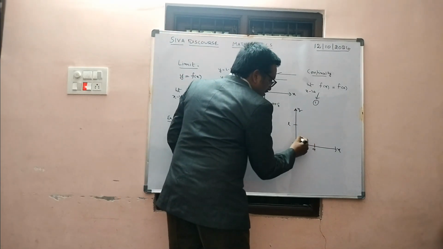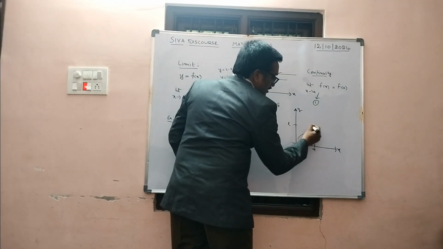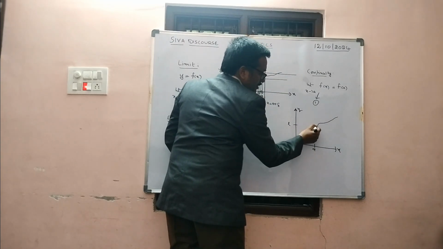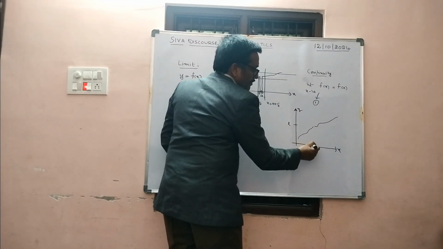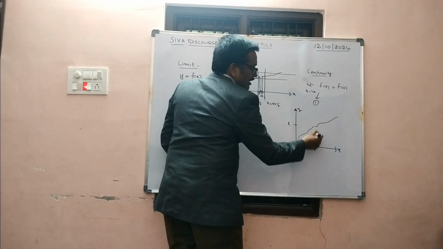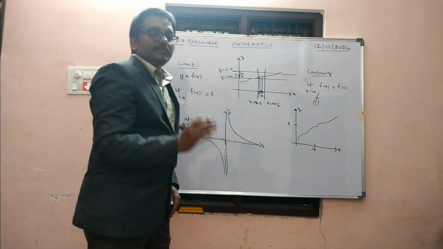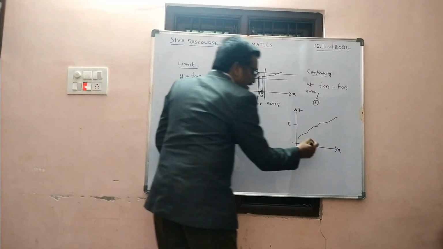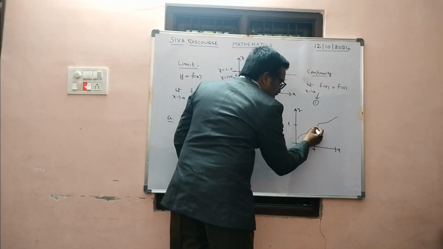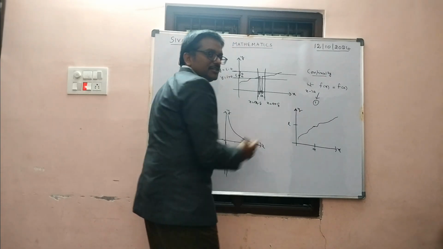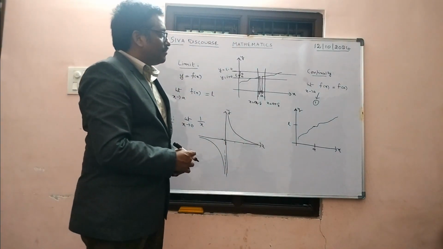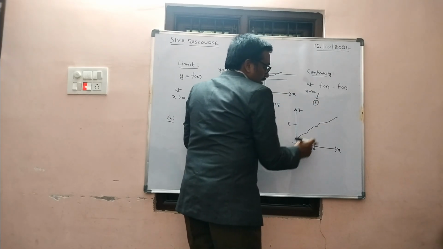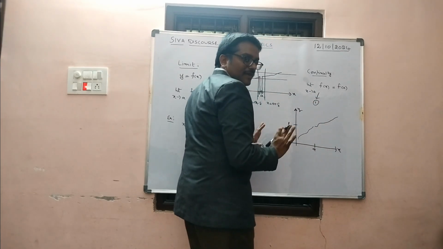At a minus, the function is approaching L, and after a also it is starting from L. If you just draw a line like this, at a minus it is approaching L, and at a plus it starts from L, which means that the limit of f of x is L. And at a, if the function value is also L, then we say the function is continuous at a. So the first point I said is that the limit exists, which means at a minus and a plus the function attains the same value.